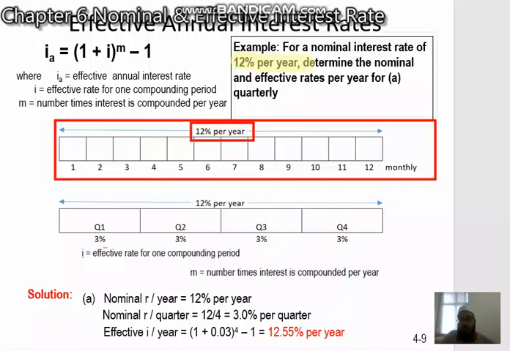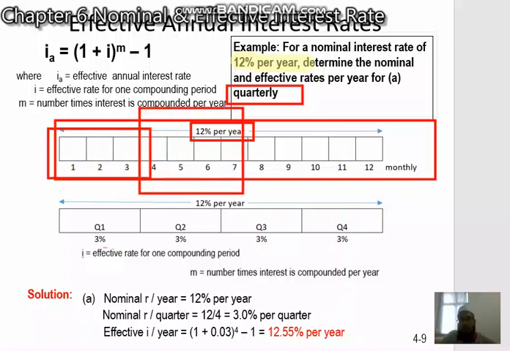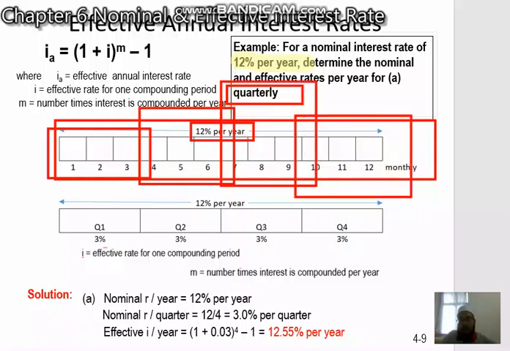So it involves 12 months. Now we are looking at quarterly compounding, compounded quarterly. Every quarter has 3 months, so we divide: 3, 6, 9, and 12. So there are 4 quarters in a year.